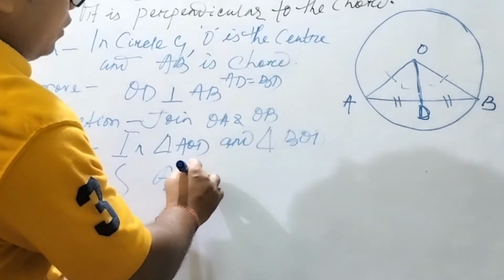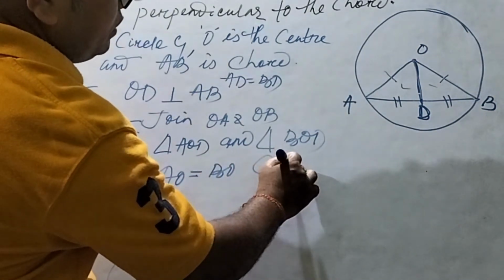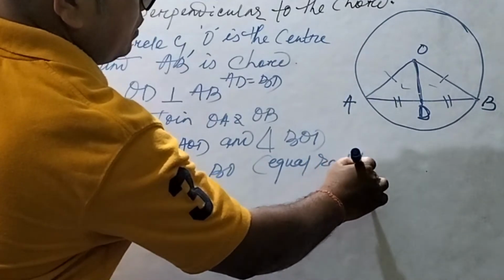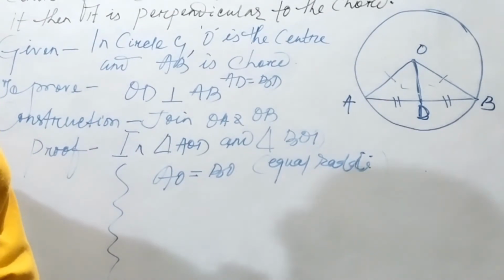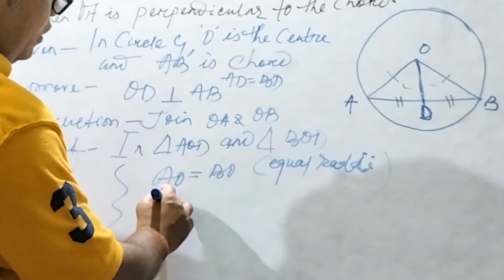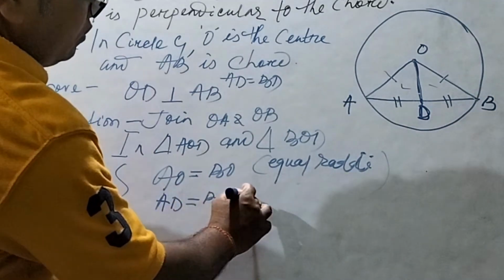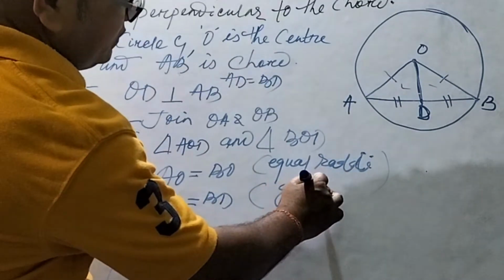AO equals BO, equal radii. Now AD equals BD, what is the reason?